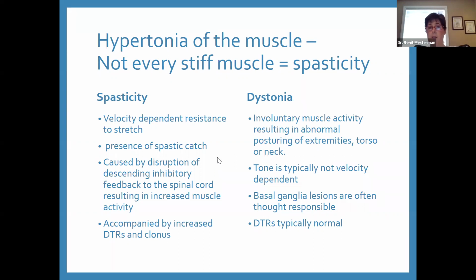And as often in medicine, the differentiation is clear on exam, but in reality, patients often have a mixture of those. Even if the predominant type might be spasticity, it is important to understand that many patients also have superimposed dystonia.